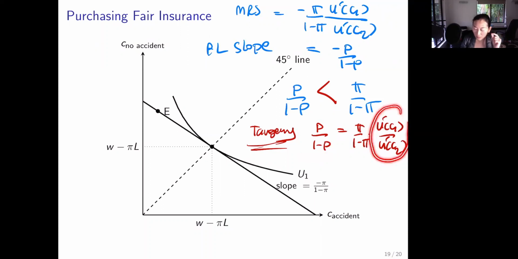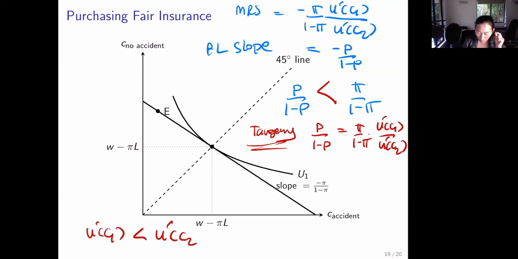For this term to be small, that means this one has to be large and this term has to be small, right? U prime C1 has to be smaller than U prime C2.